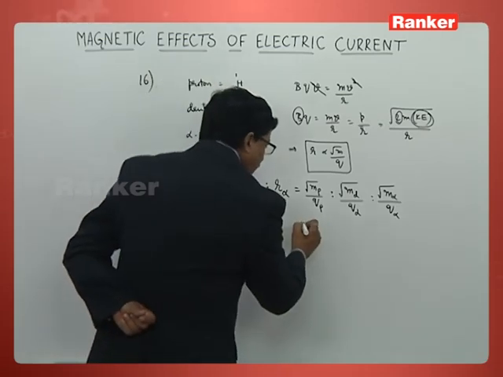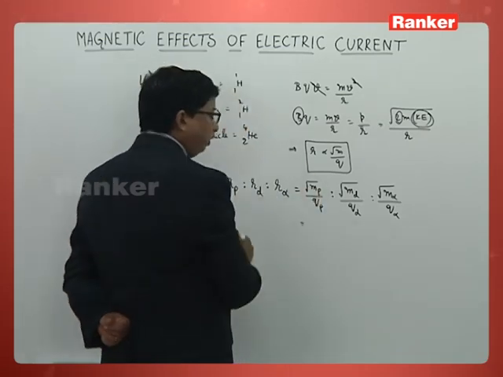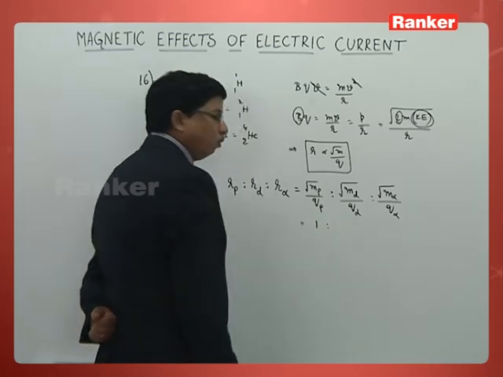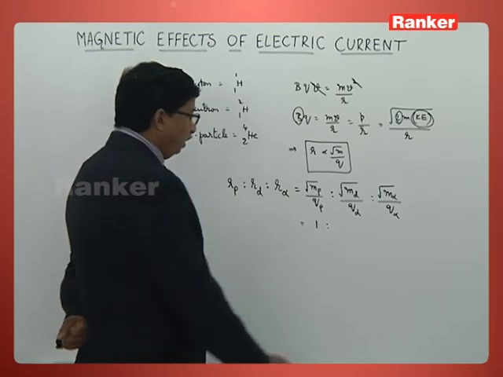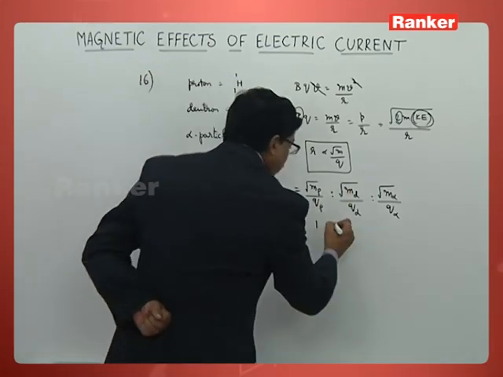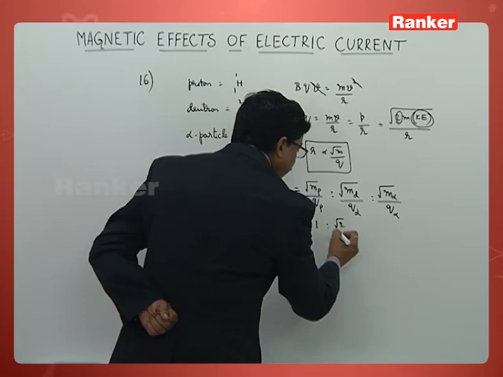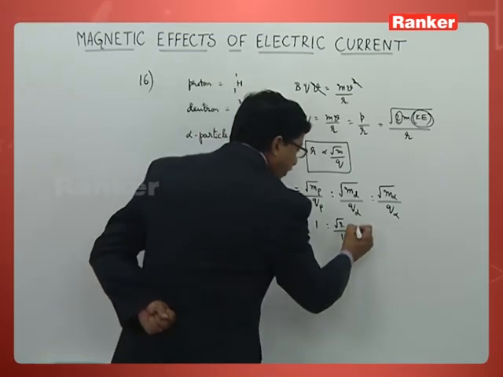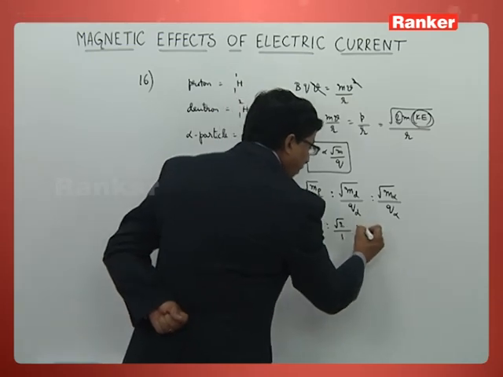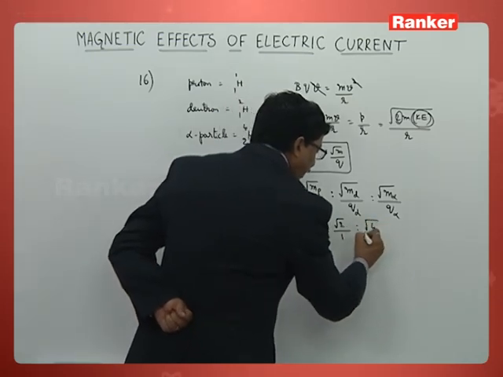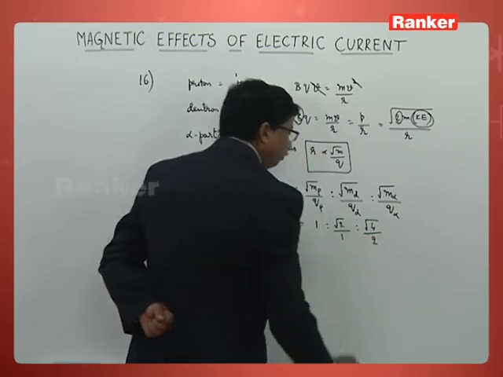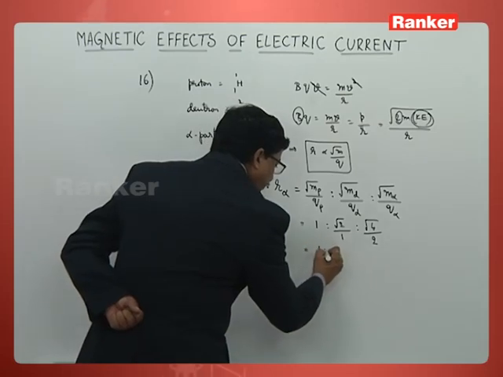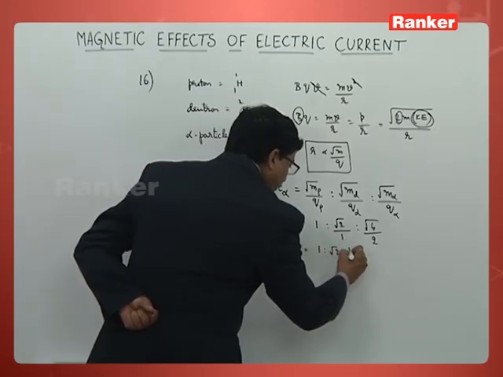We know pretty well mass of proton is 1 unit, charge also is 1 unit, so it becomes 1 over 1, which is 1. What about deuteron? Mass is 2 units, whereas charge is only 1 unit. Alpha particle: mass is 4 units and charge is 2 units. So what you get directly is 1 is to root 2 is to 1.